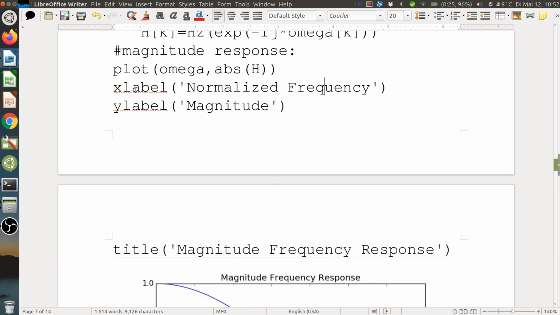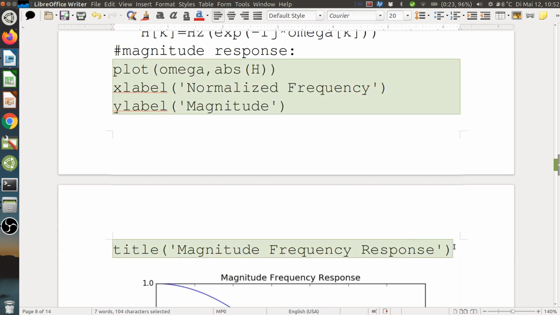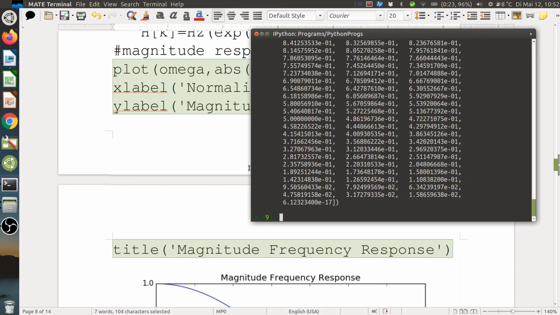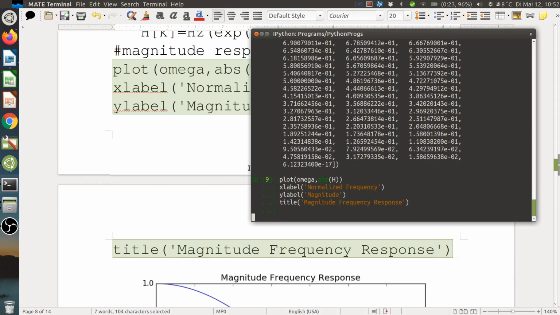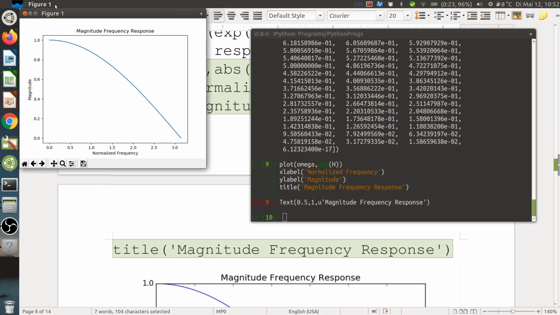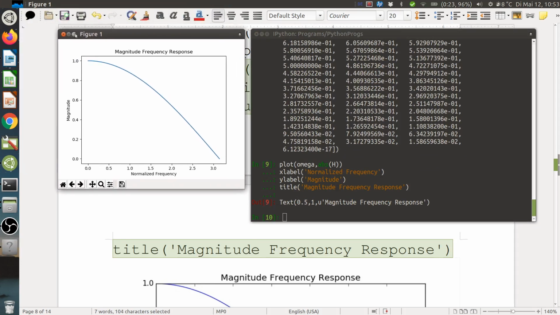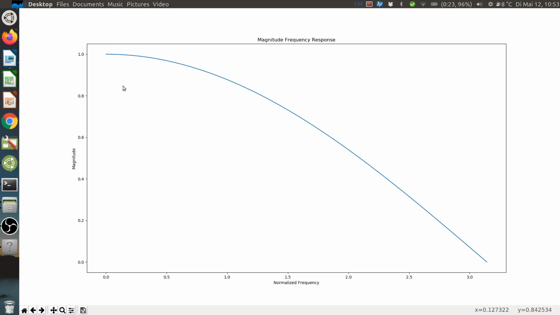So now we plot it to see it in more detail. So here again I copy and paste. Yeah, so here you go. So here now you see the resulting magnitude frequency response.